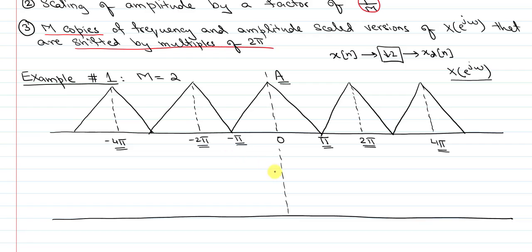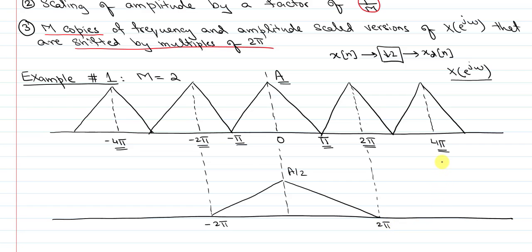So because of this scaling, the pi frequency will go up to 2 pi, and this A will become A by 2. This region from minus pi to pi will get stretched to minus 2 pi to 2 pi.